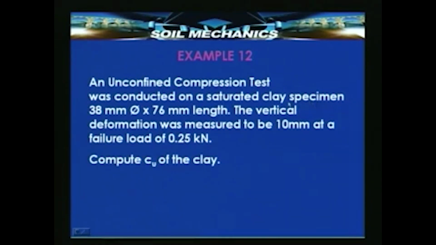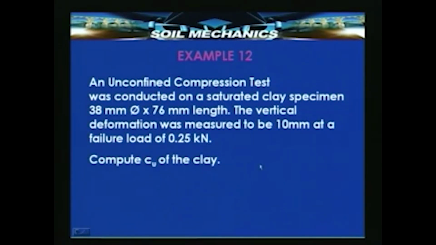Let us take one quick look at an example. The clay specimen which was tested in UCS has these dimensions, 38 mm and 76 mm. The vertical deformation was measured to be 10 mm at failure, and the load at failure was 0.25 kilonewtons.